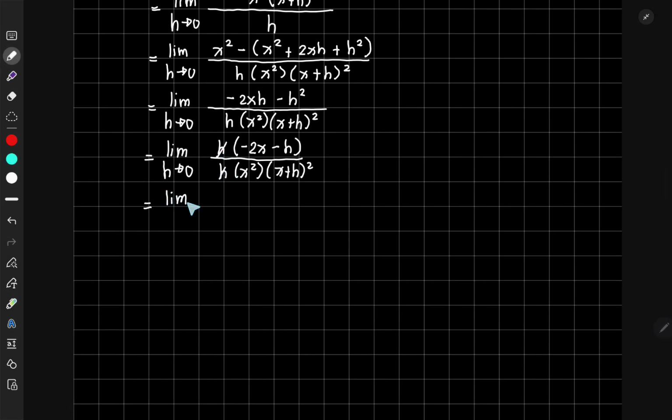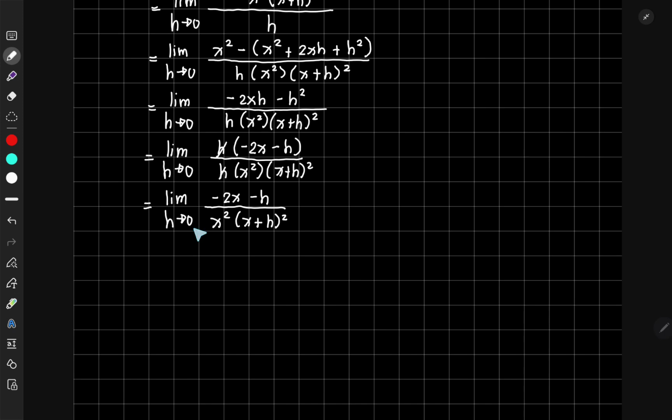So we have the limit of negative 2x minus h all over x squared times x plus h squared as h approaches 0.